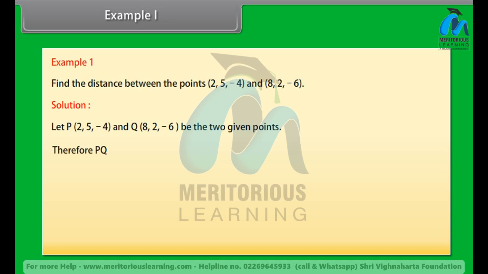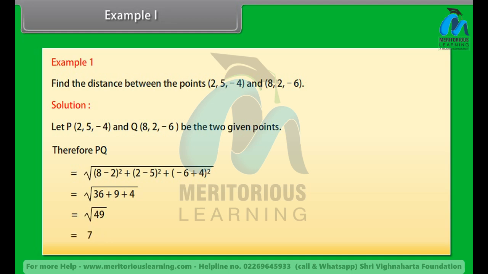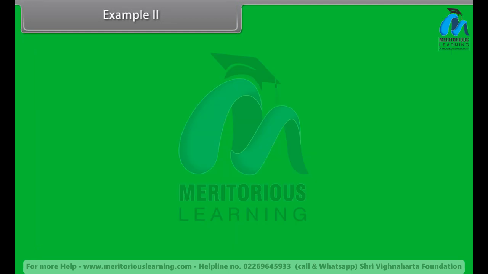Therefore, PQ is equal to the square root of (8 minus 2) square plus (2 minus 5) square plus (-6 plus 4) square, equal to the square root of 36 plus 9 plus 4, equal to the square root of 49, equal to 7.